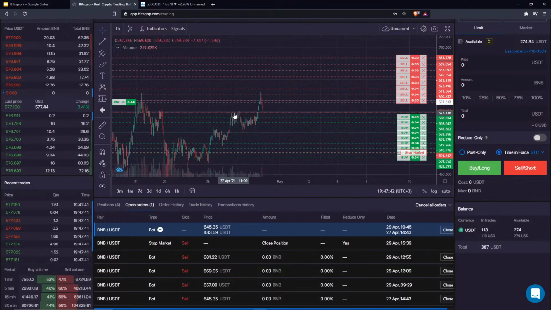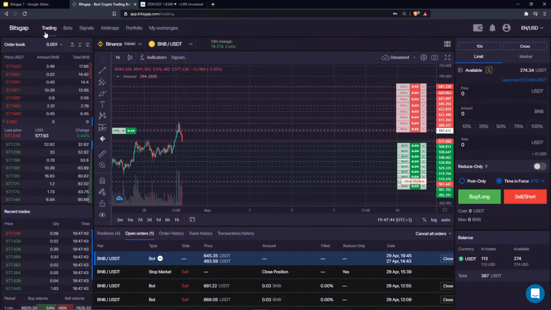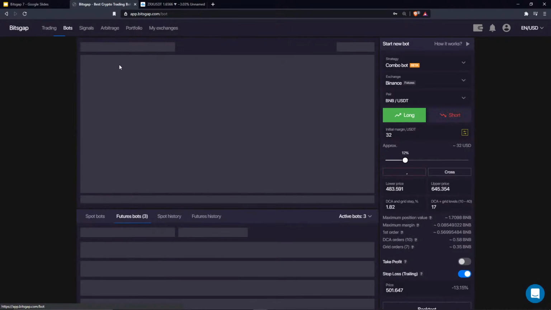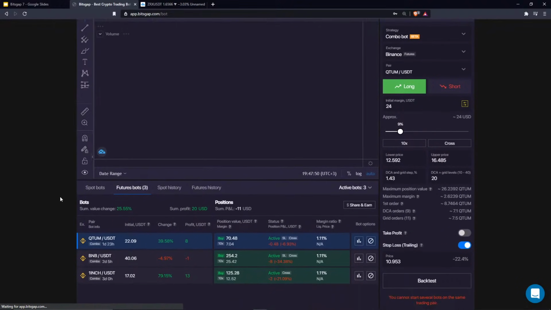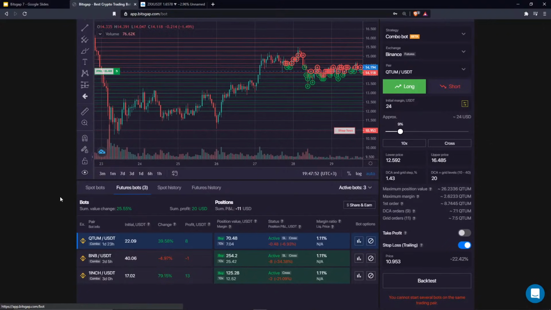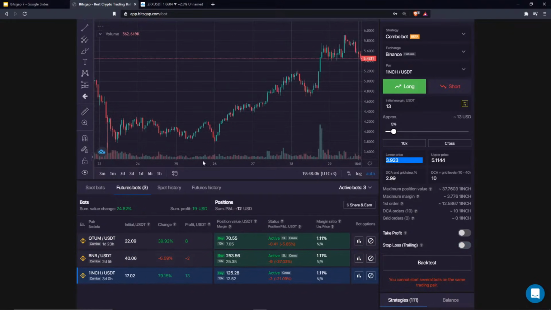Okay, so that's something you can see as you go to the trading dashboard layout. But let's go back to my bot section here. And yeah, so far so good, $20. My initial investment per each trade, you see Quantum initial position value was $22.40, for BNB and 17 for 1inch.